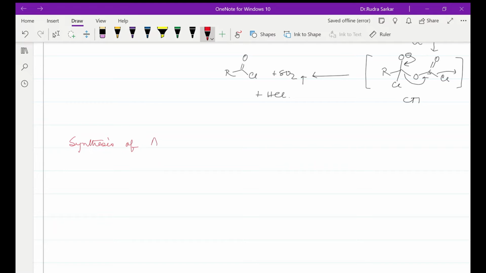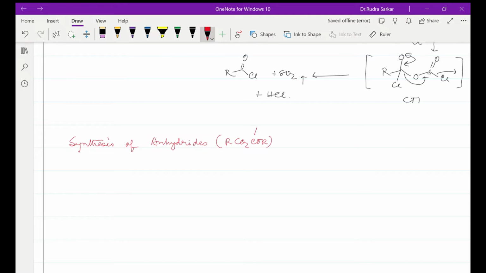Now in the next section we will be discussing the synthesis of anhydrides, which is RCO2COR. Okay. Now out here, anhydrides are molecules that contain a highly electrophilic center bearing a very good leaving group.